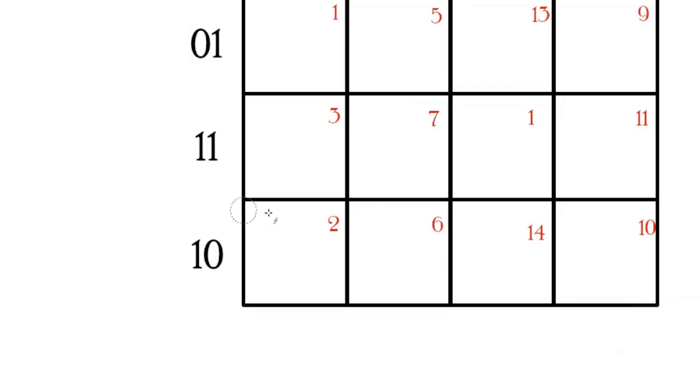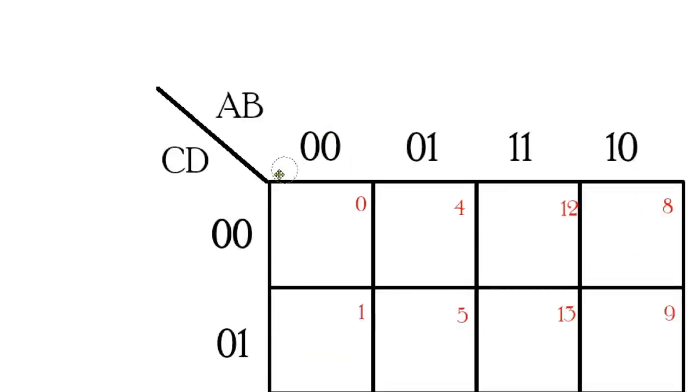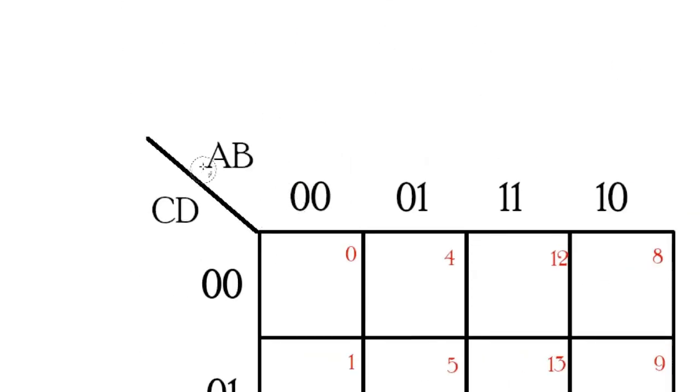Alright, now we are going to talk about how these letter notations and these numbers actually connect with each other, right? So every number is representing the corresponding letter, right?